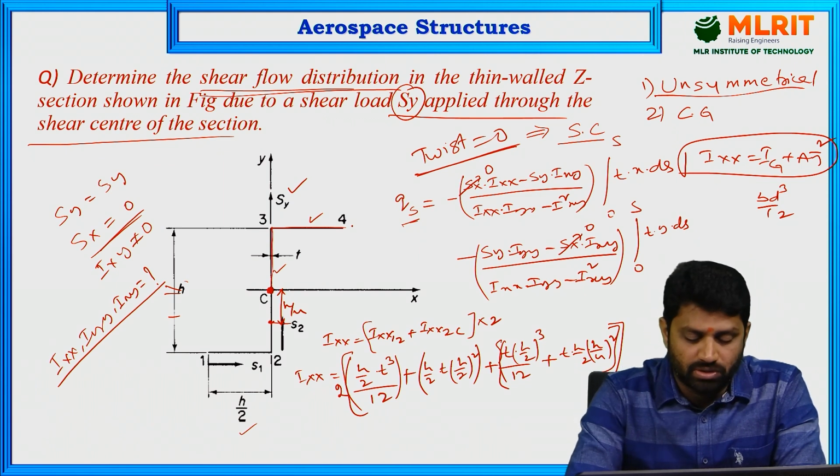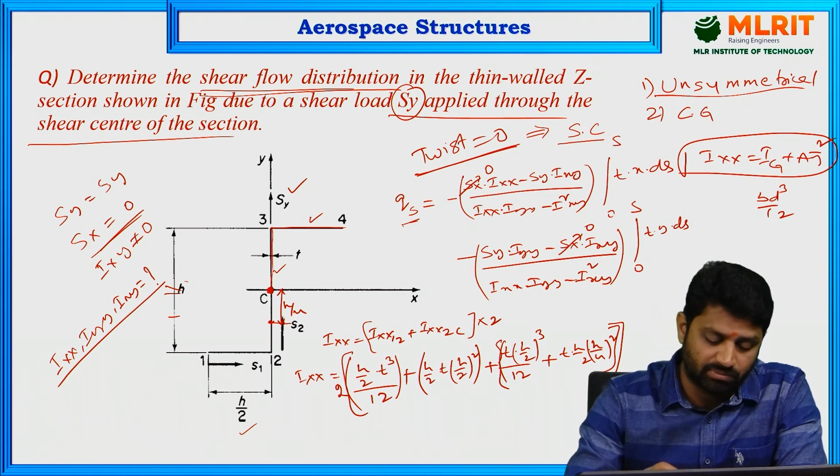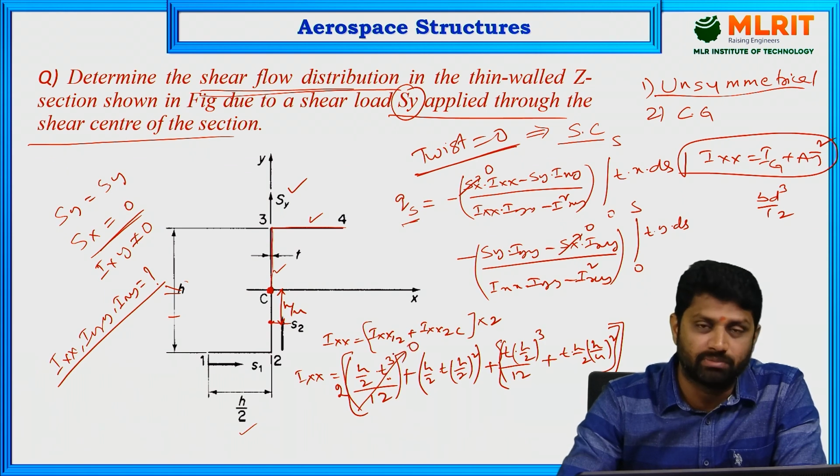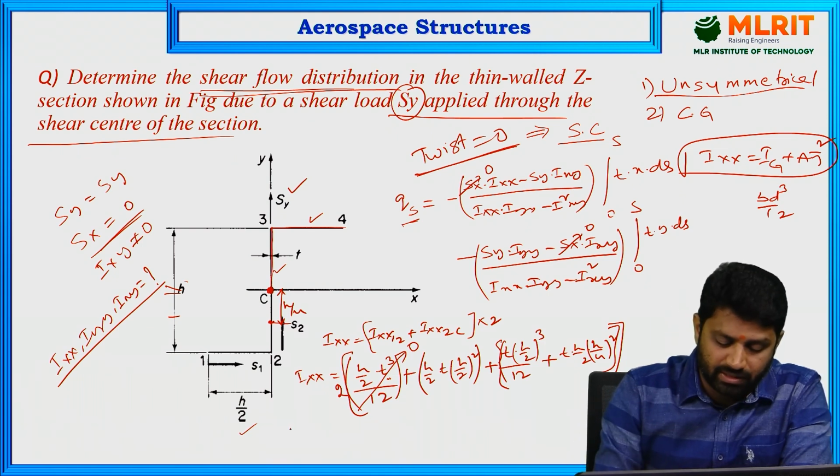Clear? So this is how we calculate moment of inertia about the x-axis. Before you calculate this, there is a t cube term. This t cube term, for the thin wall approximation, you can make 0, and you are left with only these three terms. When you calculate this, you are going to get t h cube by 3.